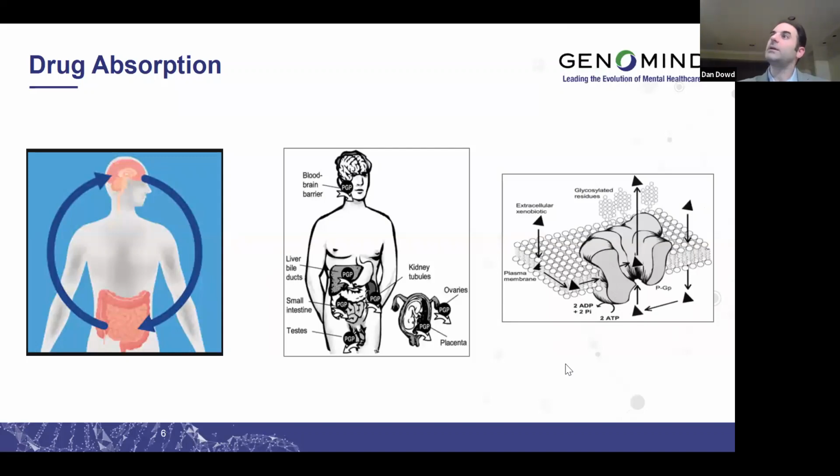Those with a wimpy PGP tend to have higher blood levels of certain medications. We'll use paroxetine as an example. If your PGP is wimpy, paroxetine gets into the brain and it stays in the brain. The PGP doesn't kick it back out very efficiently in some individuals.